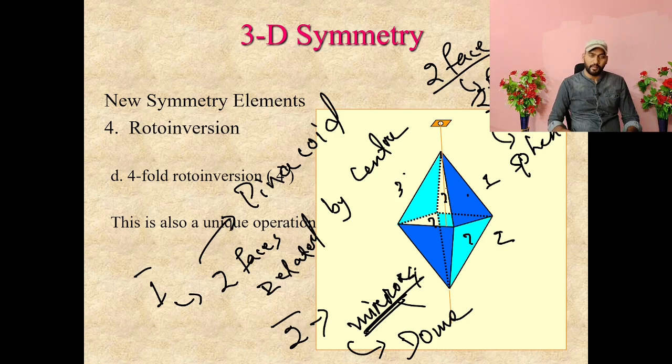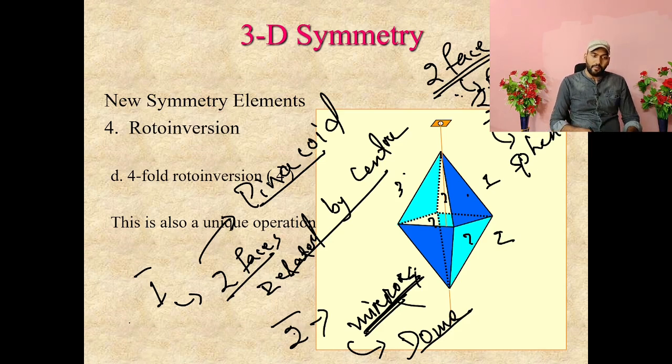Remember this. When two faces are related by center of symmetry, they are called pinacoid. When two faces are related by mirror plane, it is called dome. When two faces are related by two-fold axis in between, it is called a sphenoid.